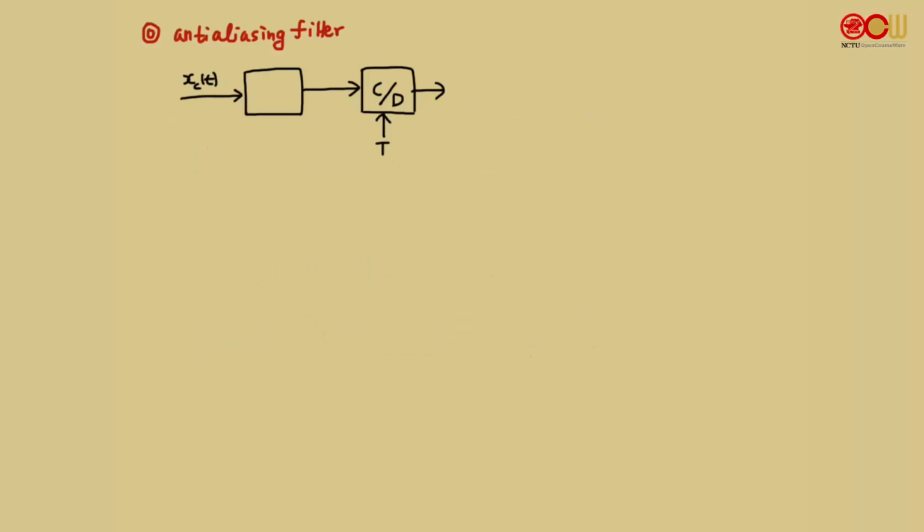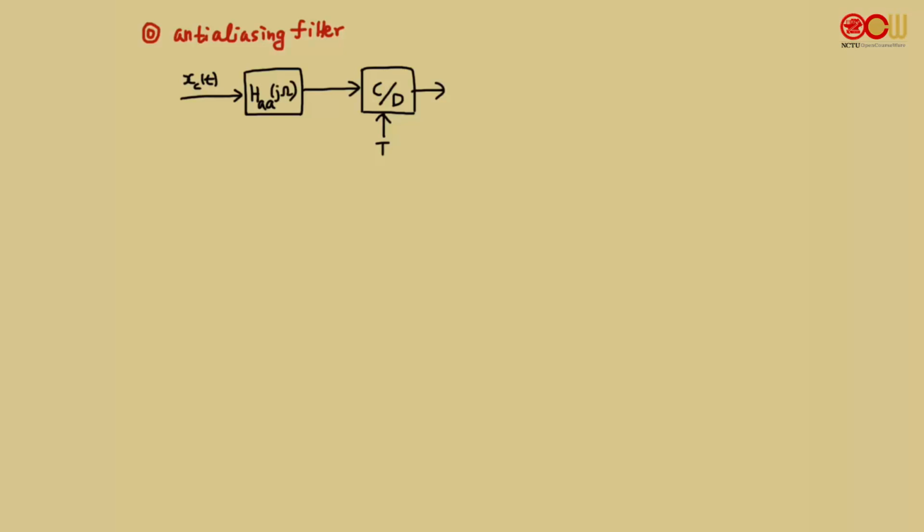Suppose we are given a C to D converter with the sampling period T, and we want to sample a signal X c. This X c may not satisfy the sampling theorem. So we first apply an anti-aliasing filter.